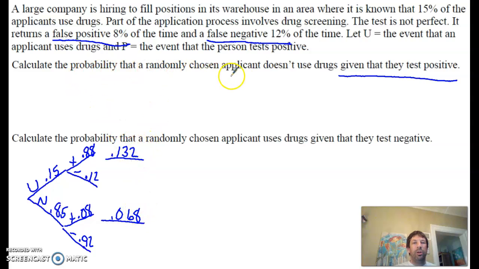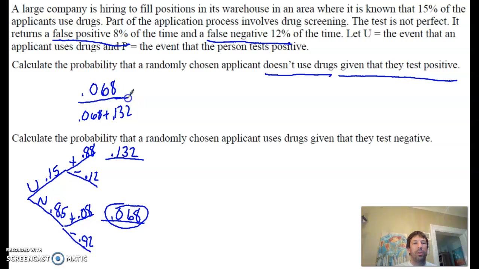Now we want the probability that a randomly chosen applicant doesn't use drugs. So the ones that don't use drugs are down here. Okay, so 0.068 are the ones that don't use drugs. The total number of positive test results is 0.068 plus 0.132.